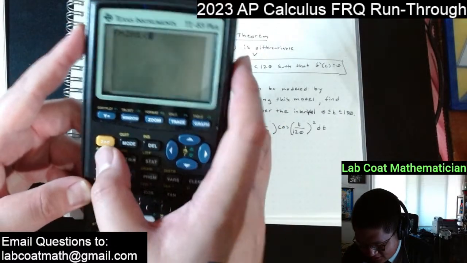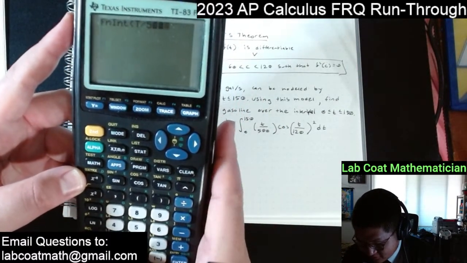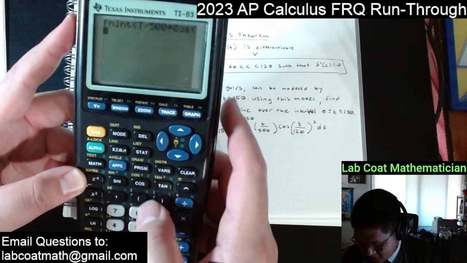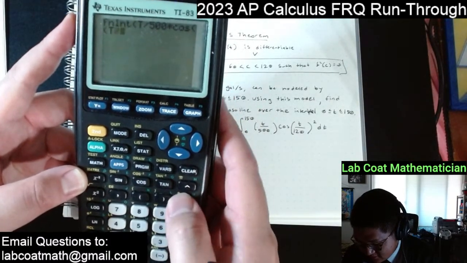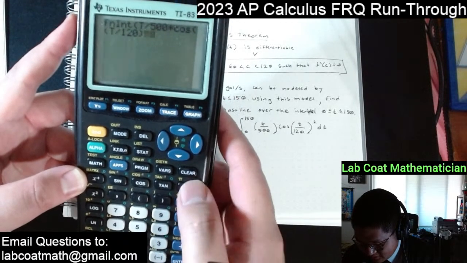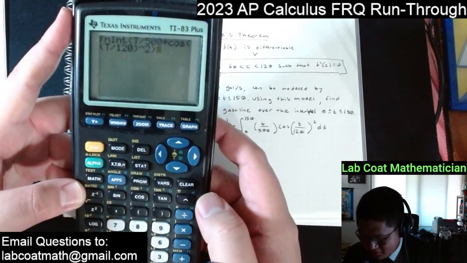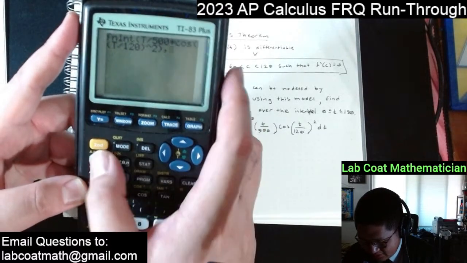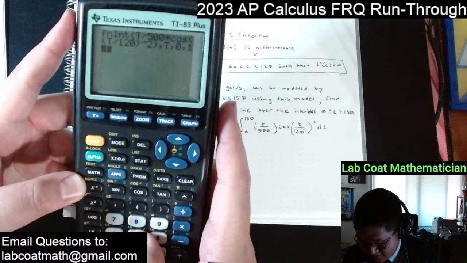Starting with the equation, we can use the variable of t here, divided by 500. We multiply by the cosine of t again, divided by 120. But all of this will be squared inside of the cosine function itself. Then we will evaluate this from t equals 0 to 150.